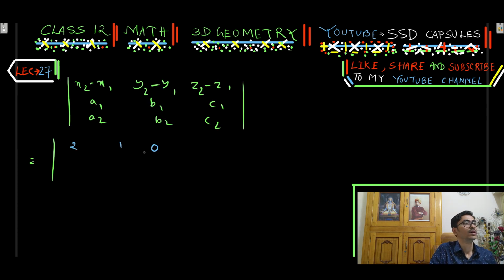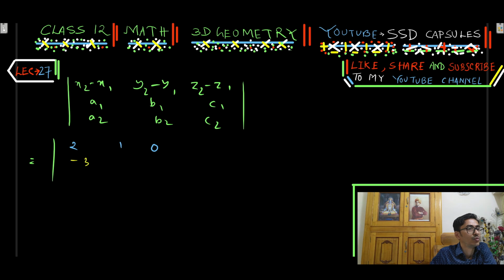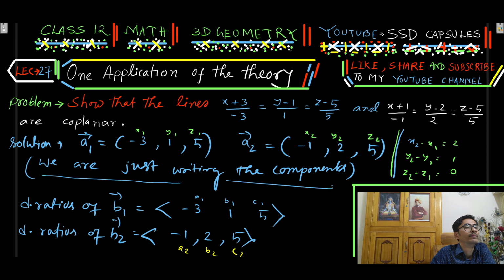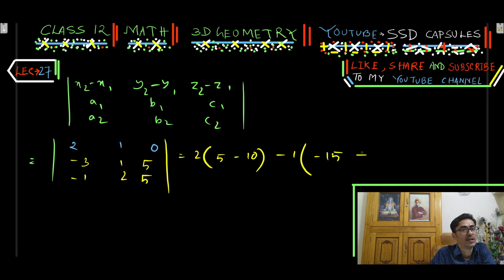Now what is a1, b1, c1? a1, b1, c1 is here, and a2, b2, c2 here. So minus 3, 1, 5, and from the previous page, minus 1, 2, 5. So here 2 into (5 minus 10), minus 1 into (minus 15 plus 5).